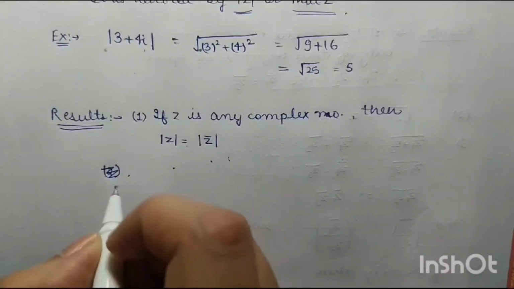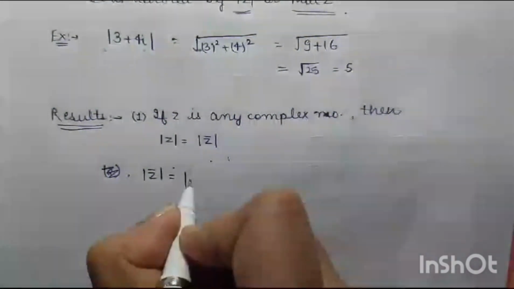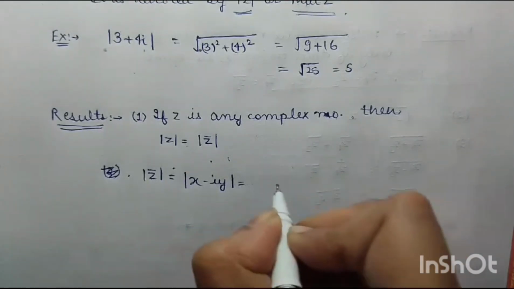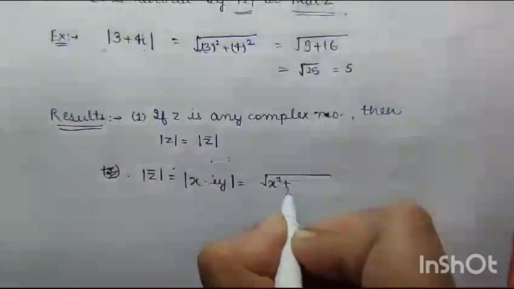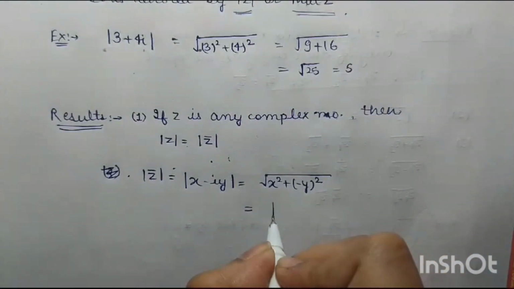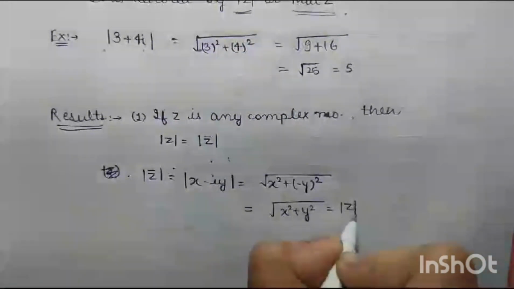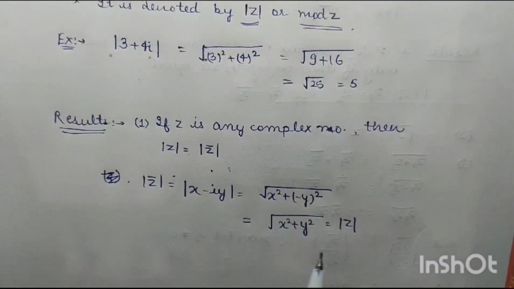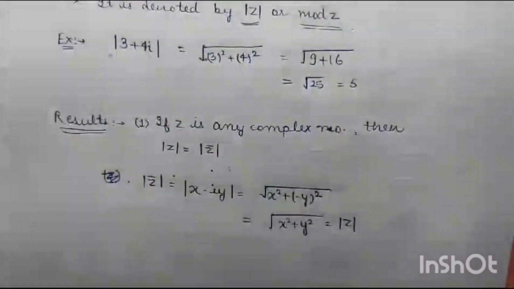And if we take mod of x minus iota y, it is under root x square plus minus y square, which again comes to mod z. So mod z is equal to this.